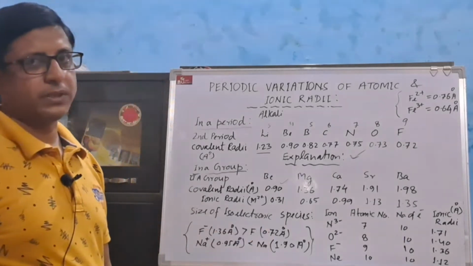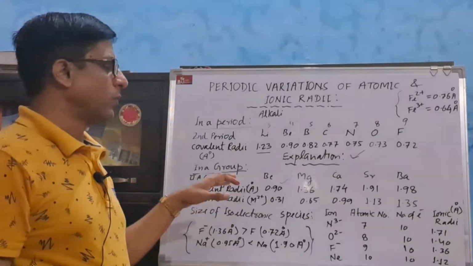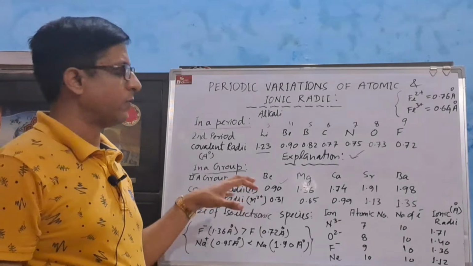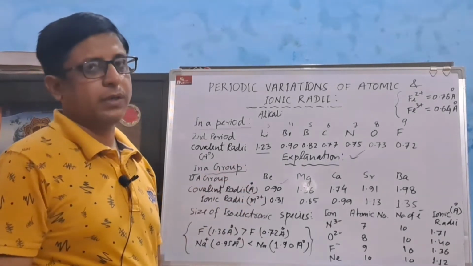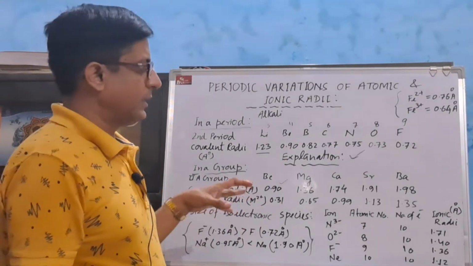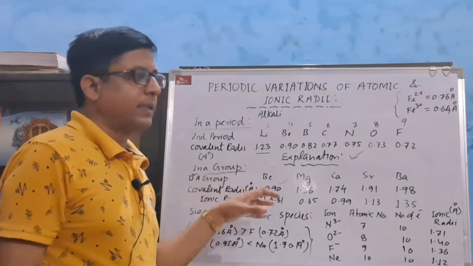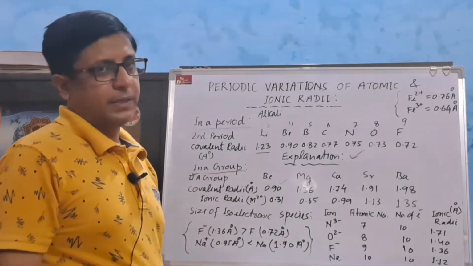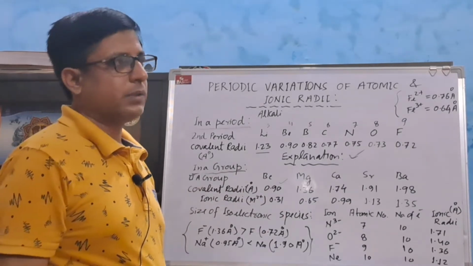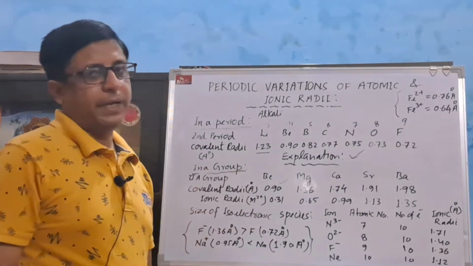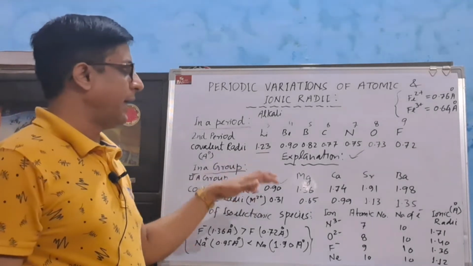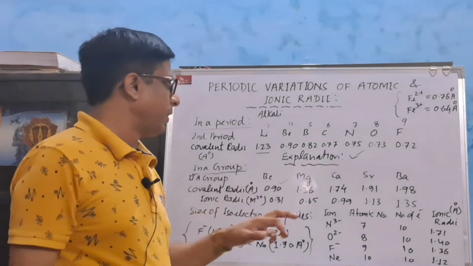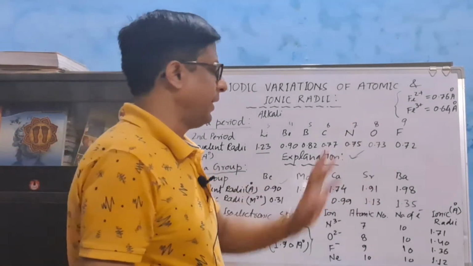Therefore, the electrostatic force of attraction goes on decreasing, since the distance between the nucleus and outermost shell of electrons is increasing, because new main energy levels are being added in moving from beryllium to barium.